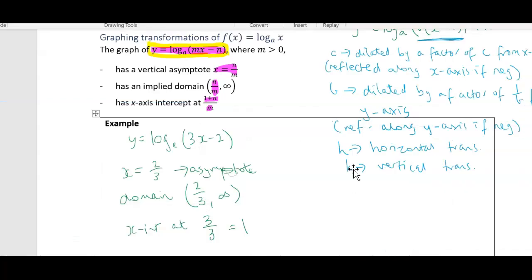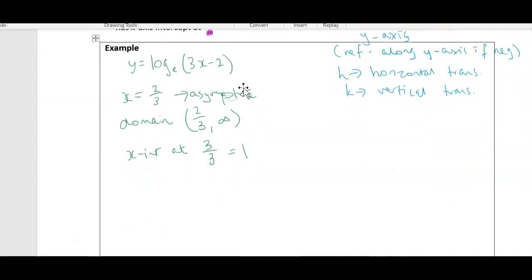All right, so going back to here, you can see those features, but if you're looking at transformations, it's very important to note what's happening here. You can't read transformations in this form, so you do need to rewrite it.